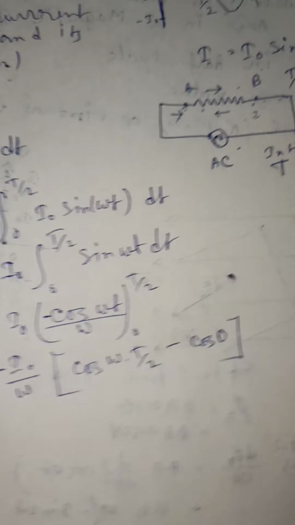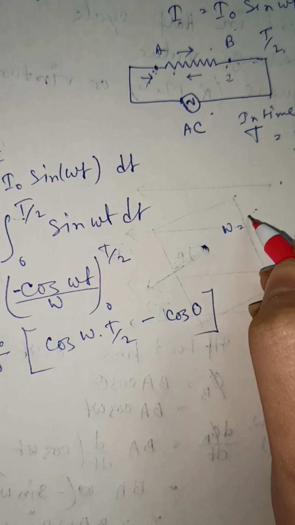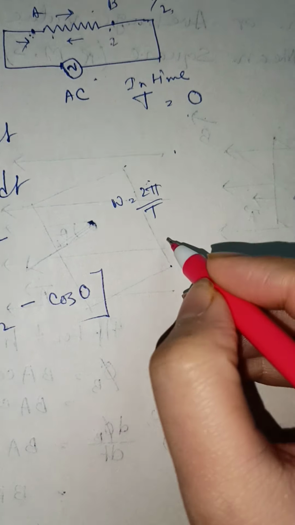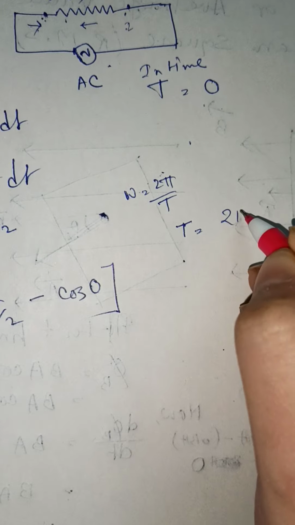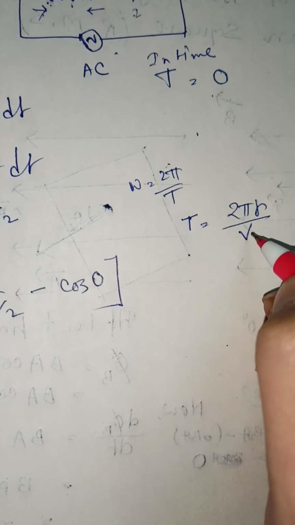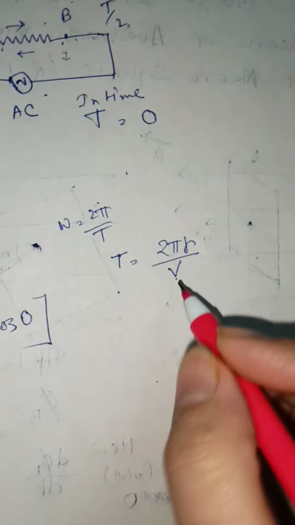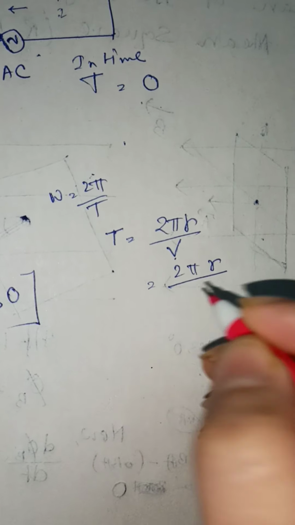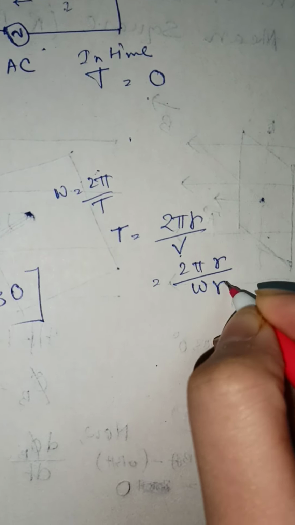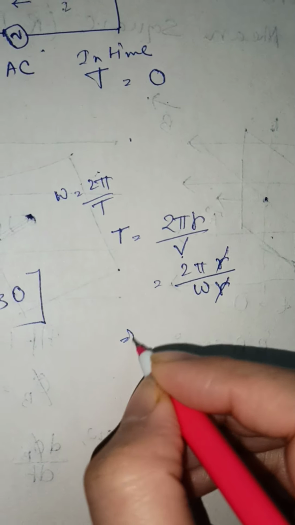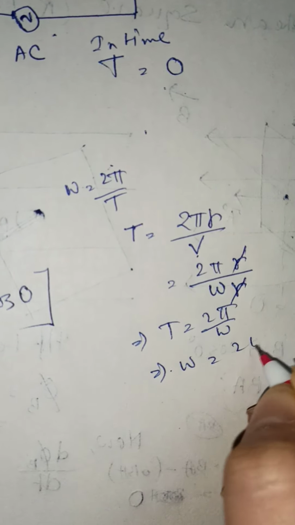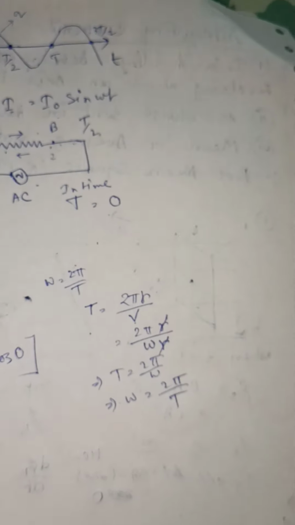We know that omega equals 2 pi by T, because T equals 2 pi r by v, where v is the linear velocity, equals omega r. So r cancels, that means T equals 2 pi by omega, so omega equals 2 pi by T.